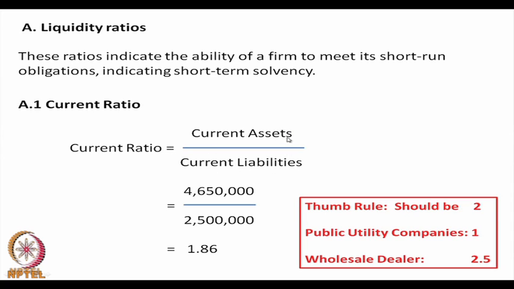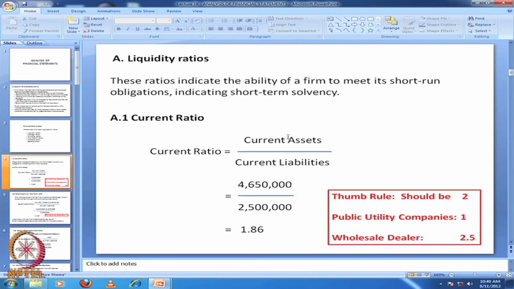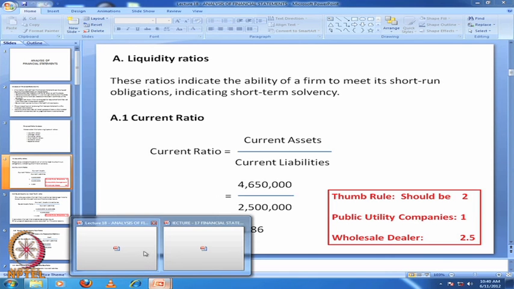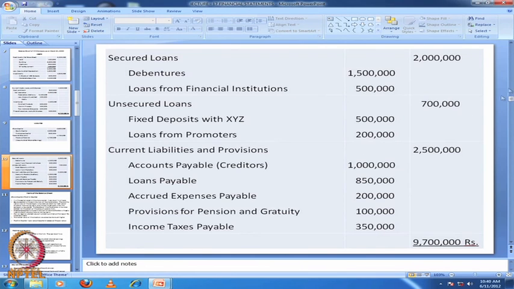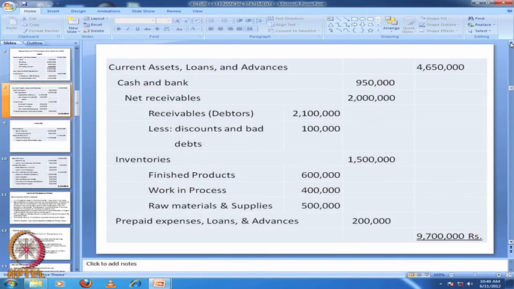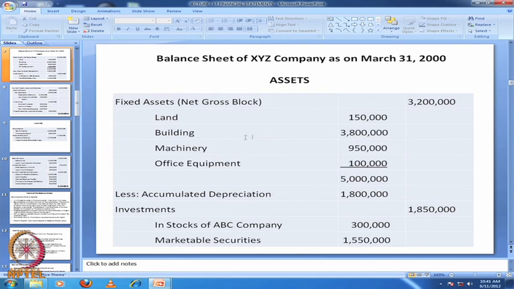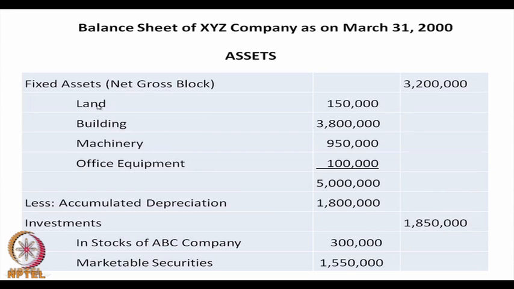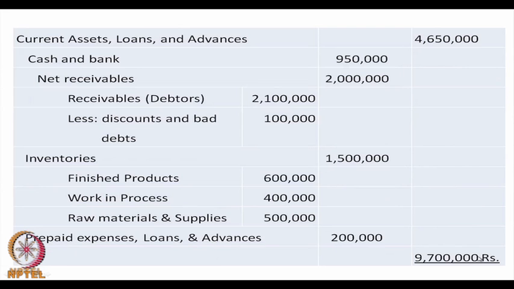Now, try to recall what the current assets are. Look at the current assets. Land is fixed assets of course. Current assets have cash, receivables or debtors, this accounts receivables, inventories and prepaid expenses.